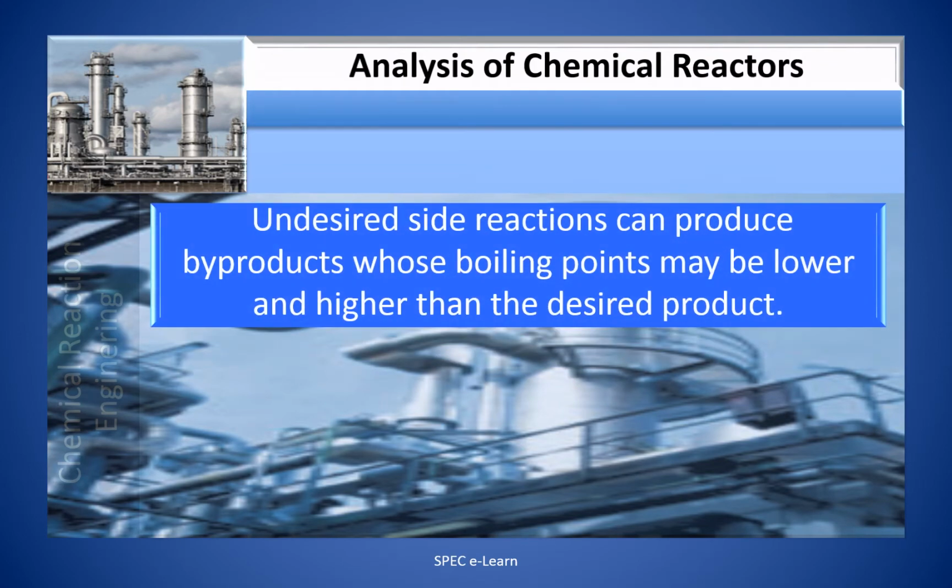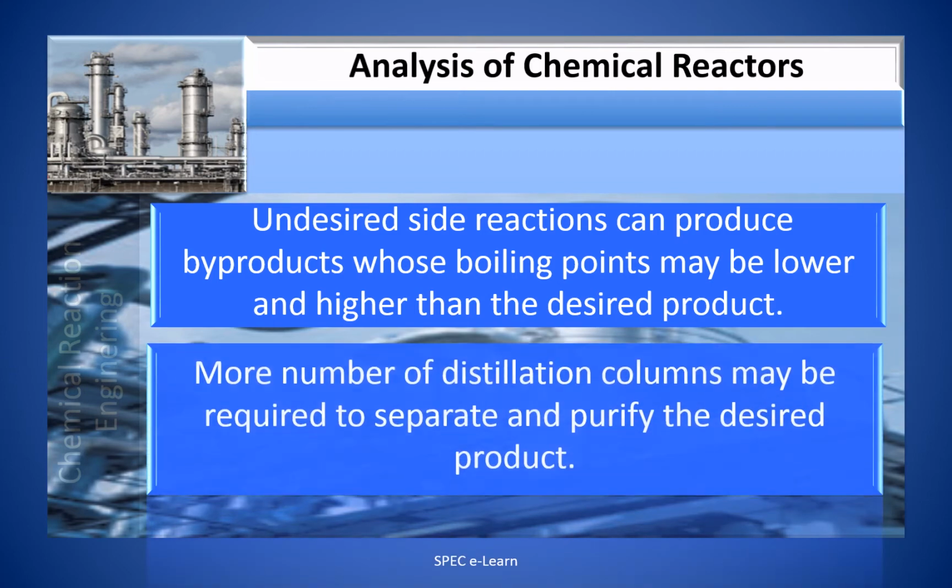Undesired side reactions can produce byproducts whose boiling points may be lower or higher than the desired product. More distillation columns may be required to separate and purify the desired product.